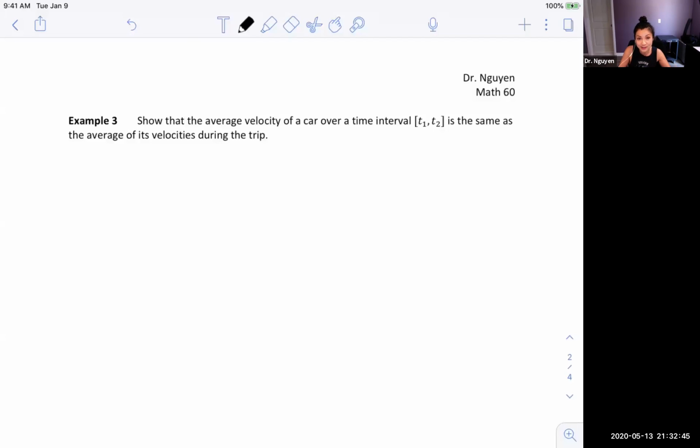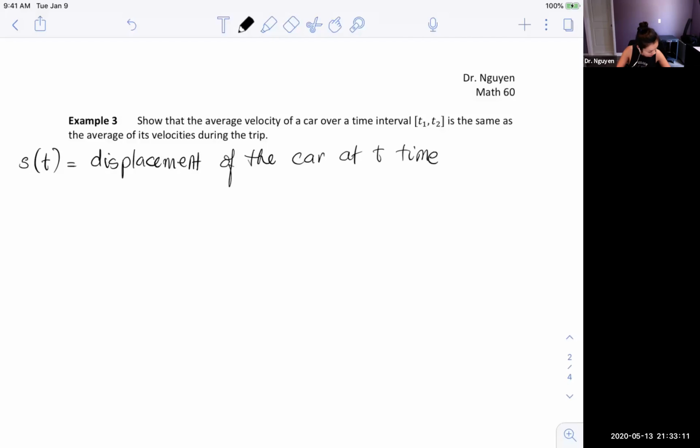So we are back to the velocity problem. Let's call s of t the displacement of the car at time t.